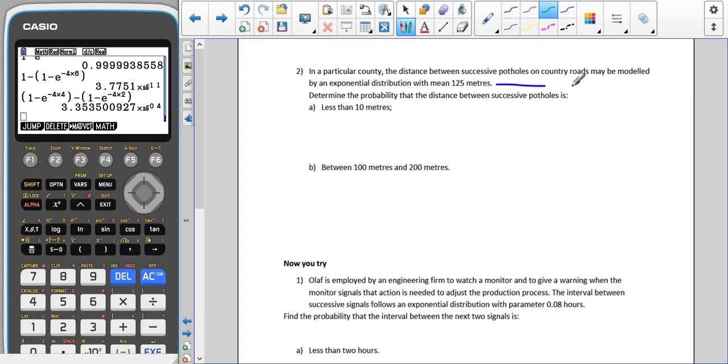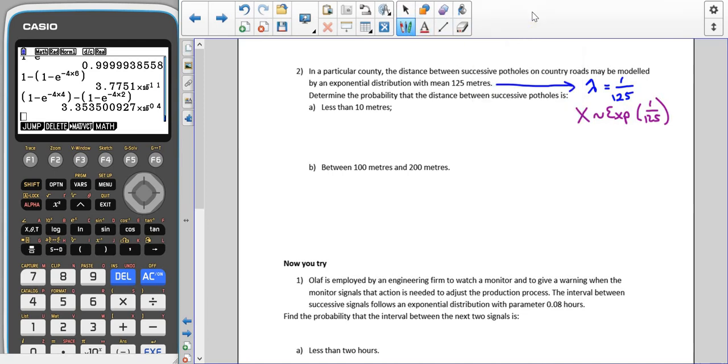To get from the mean to the parameter, we have to do 1 divided by the mean. So actually here we're using x follows exp 1 over 125. So just be careful of that language.